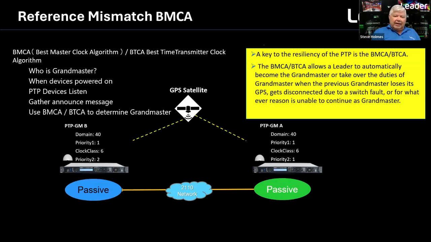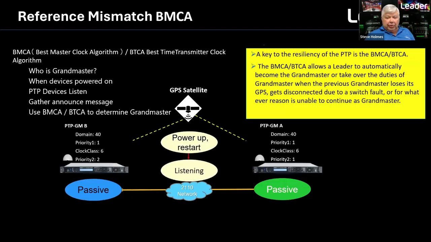So what actually happens here is when both generators fire up, they go into listen mode and they're listening to the announce messages. And the announce messages are automatically sent from both generators. It will tell you what domain they're on, what priority 1 is, what the clock class is, what priority 2 is.